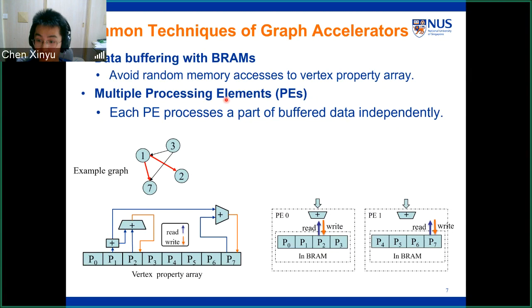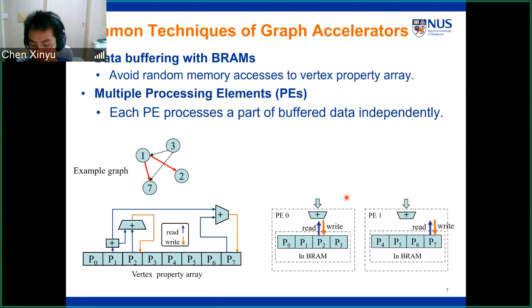Combining them together, each PE processes a partial set of data. Let's say P0 processes destination vertices from 0 to 3. Why do we want them to process independently? Because we want to maximize the throughput of each PE.